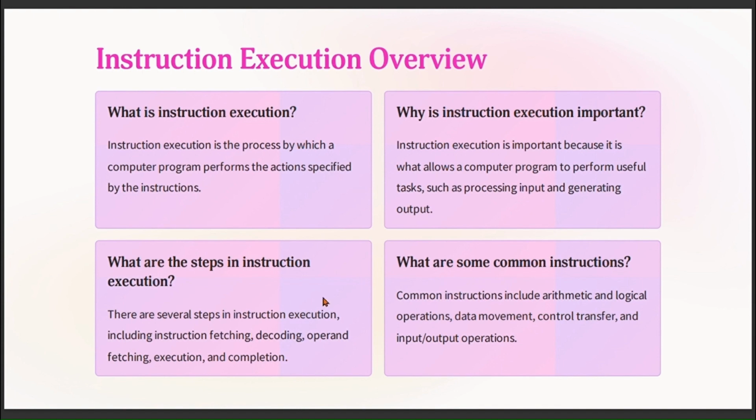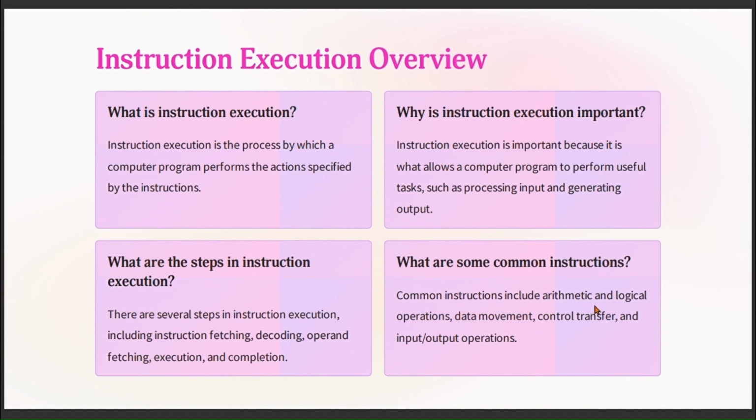Execute. The CPU performs the operation specified by the instruction using the operands. Memory access. If necessary, the CPU accesses memory to read or write data. Write back. The CPU stores the result of the operation in a register or memory. These steps are repeated for each instruction in the program, allowing the CPU to execute the program and complete the desired task.